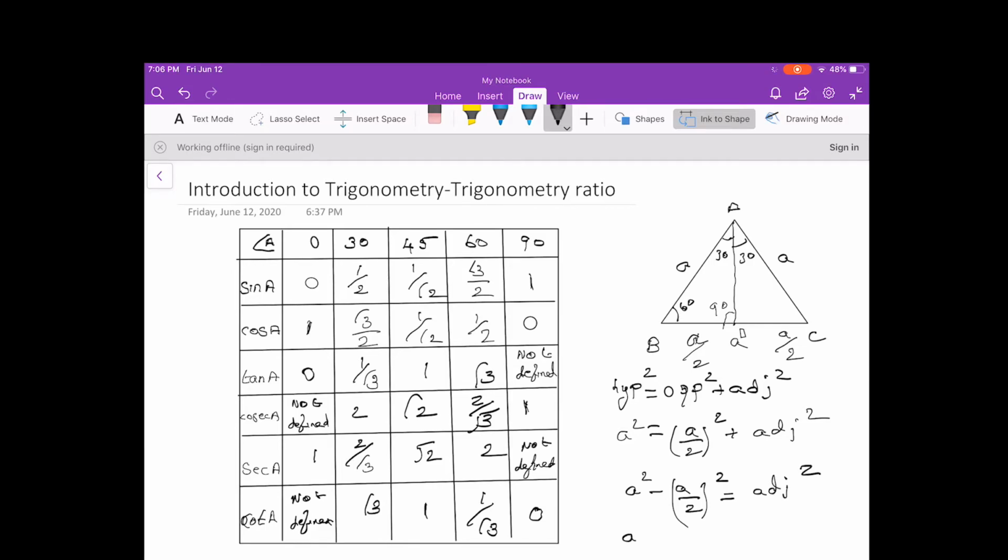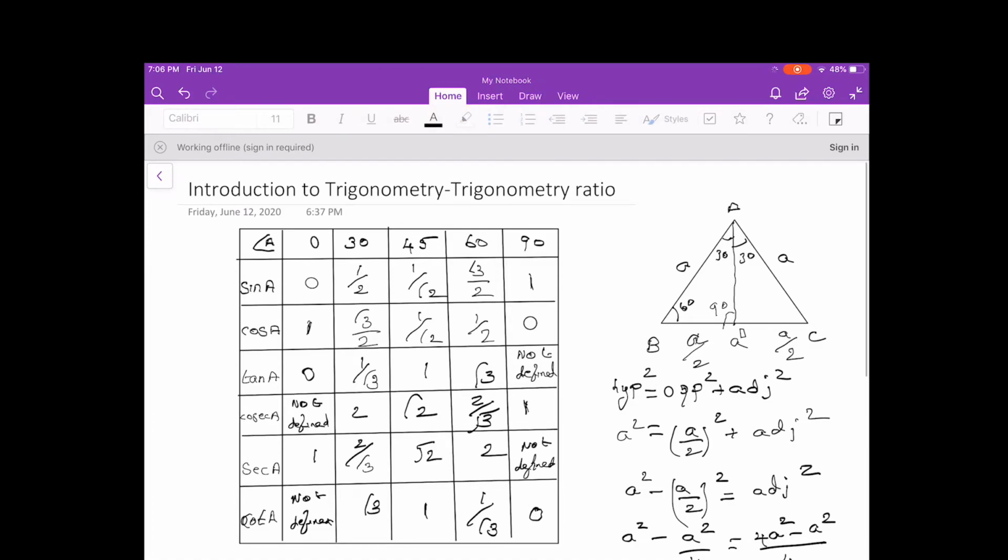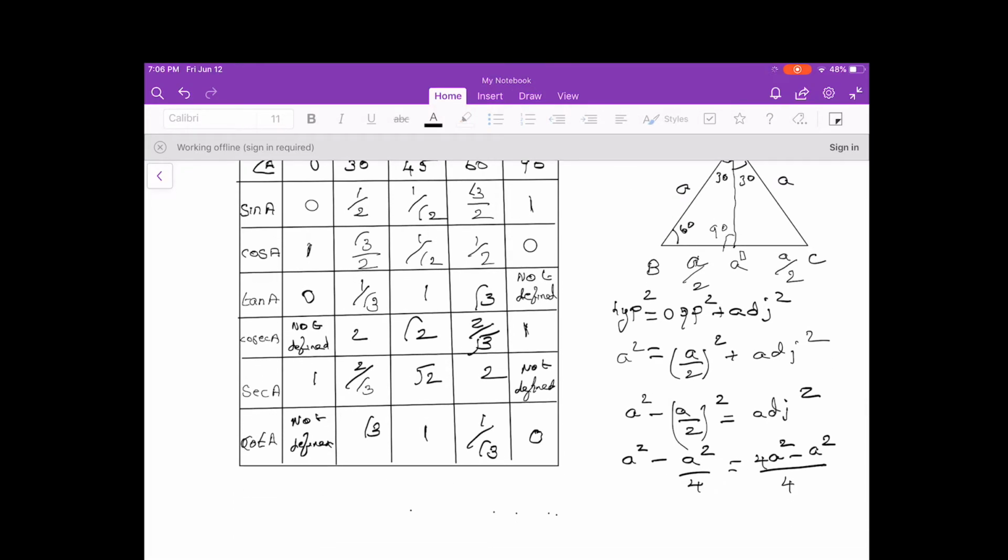So it is A square minus A square by 4. When I take 4 as the common denominator, it is 4A square minus A square by 4. So it is nothing but 3A square by 4.